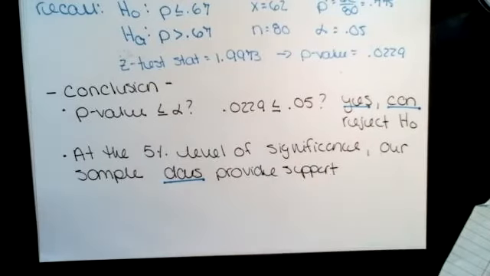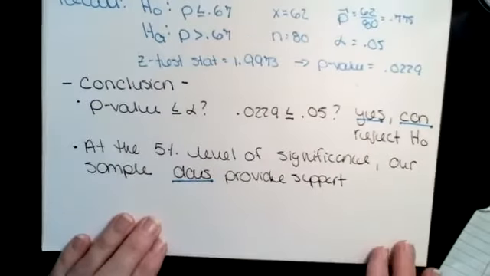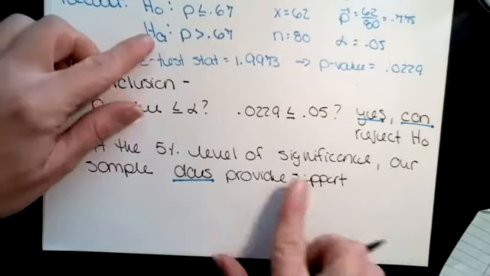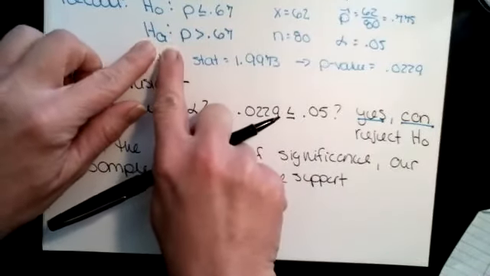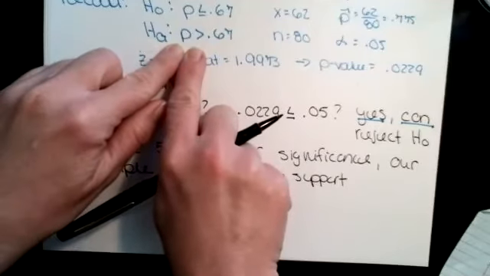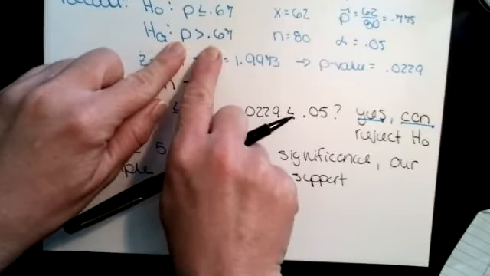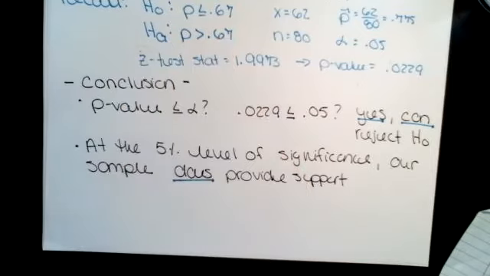Now I want to write my HA here, right? And I already have it. It's just 2 weeks ago we wrote our goal. So you would just copy and paste your goal in here. My goal is always about HA, right? So it's to say that the population proportion of RIT students that support the admin is greater than 67%.